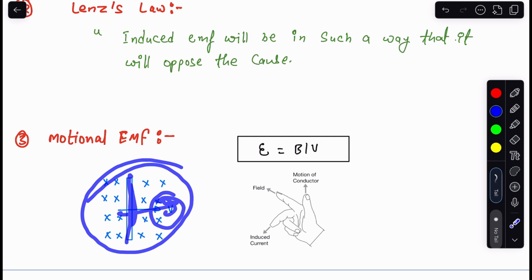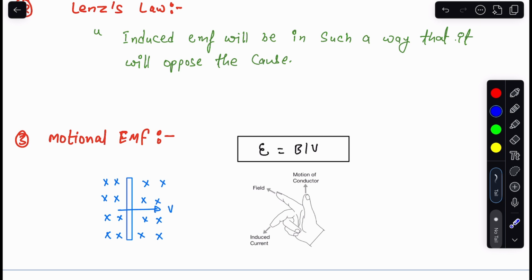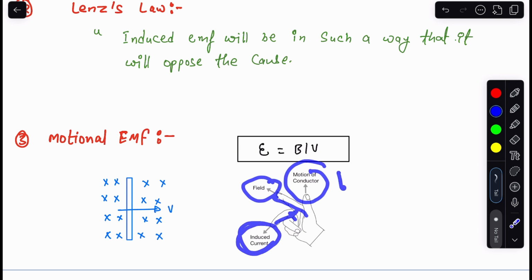And if we calculate the EMF because of this, that comes out to be BLV. Now what is the direction of this EMF? We can apply Fleming's right hand rule, where the thumb will denote the motion of the conductor, the index finger will denote the field lines, and the nearby finger will denote the induced current. You can just try to apply this here.